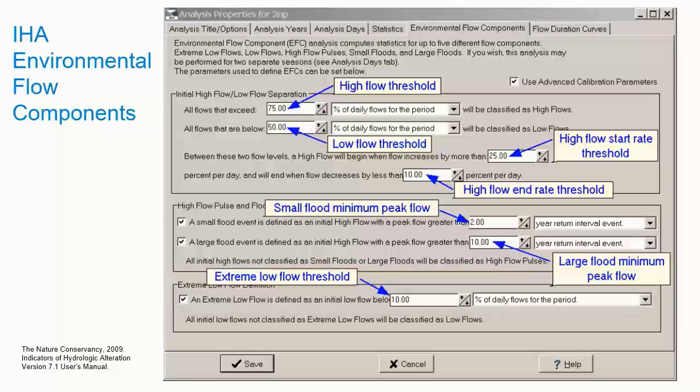Thresholds for the occurrence of small and large floods are related to the return interval of the flood events. In this case, small floods are those with a return interval of 2 years, while large floods are those with a return interval of 10 years. These thresholds can be adjusted by the user based on flow and ecological conditions in their target river.